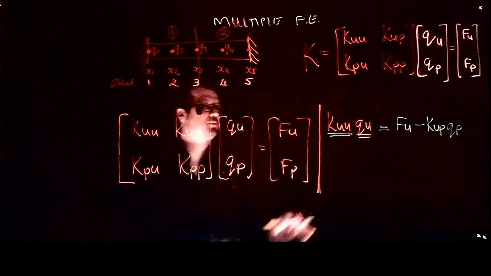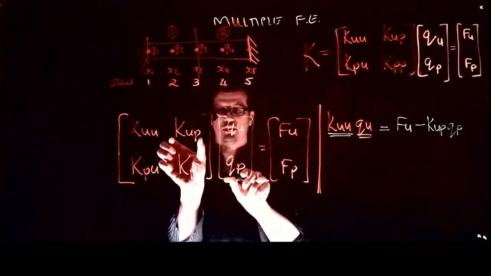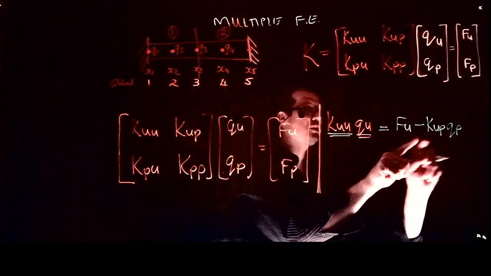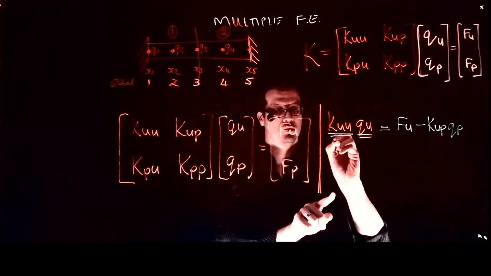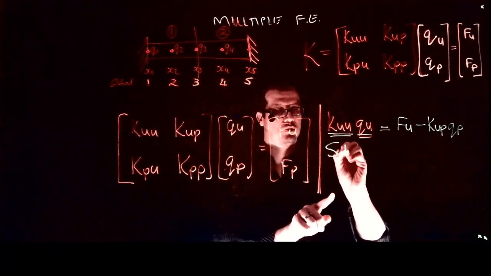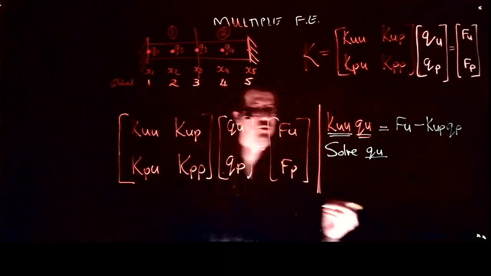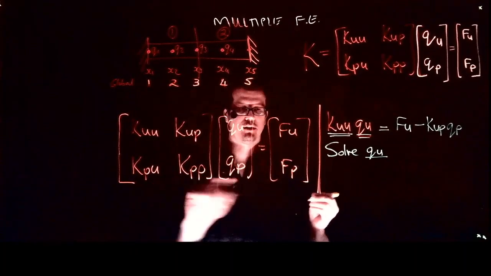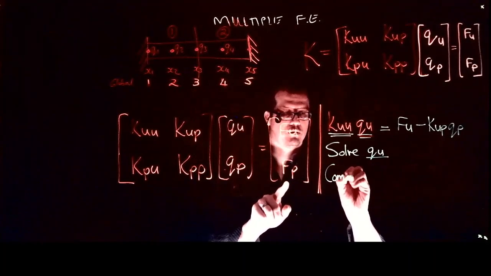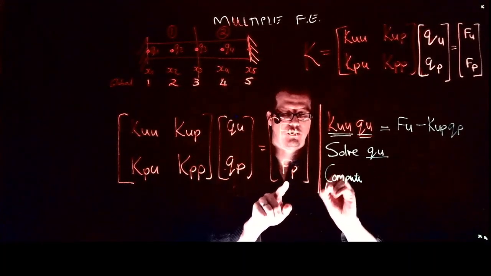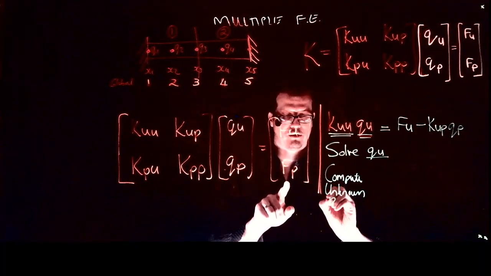And now from this system, this is a vector, this is a vector. Remember, this matrix times this vector will result in a vector. So these two I can subtract, and then I can solve for QU. So now we solve for QU. Once we've solved for QU, we can compute the unknown reactions.